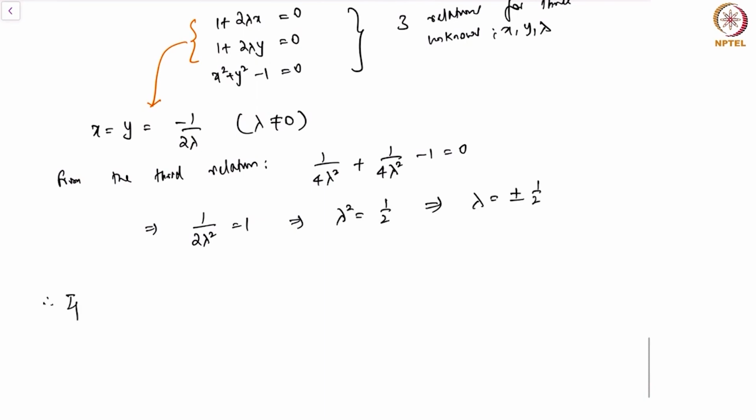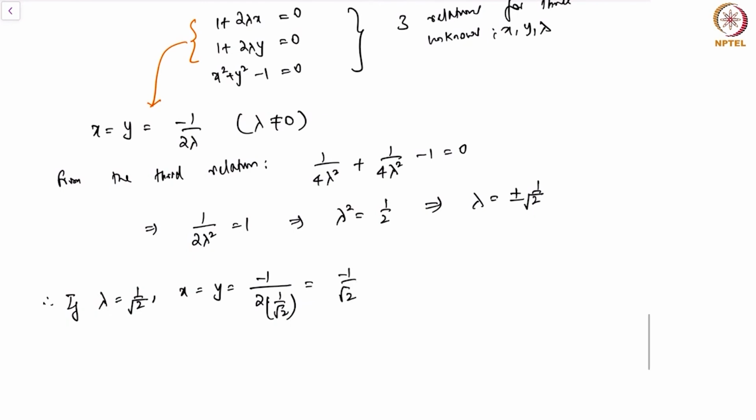And therefore if lambda is plus 1 by root 2, then x is equal to y is equal to minus 1 by 2 times lambda, and that simply gives me minus 1 by root 2.